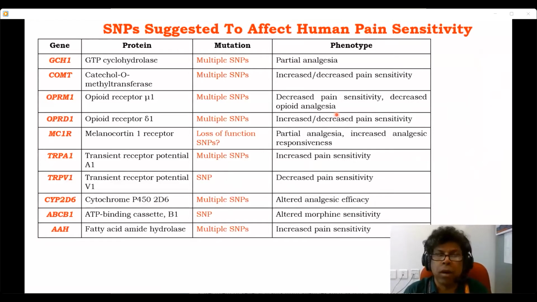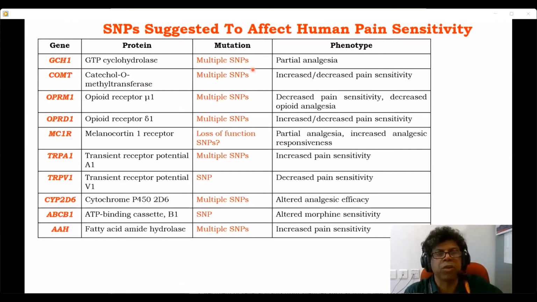And there are a lot of single nucleotide polymorphisms suggested to affect human pain sensitivity. These are some of the genes here, like GCH1, COMT, OPRM1, OPRD1, and so on, TRPV1, and CYP2D6, etc., as I mentioned earlier. The interesting thing about these genes is that there are multiple SNPs involved in the phenotype of the mechanism of gene expression.